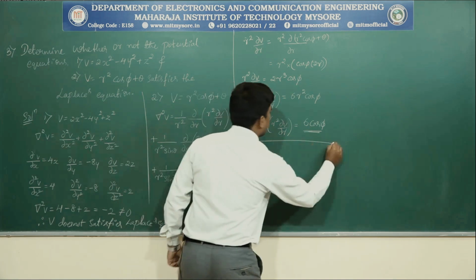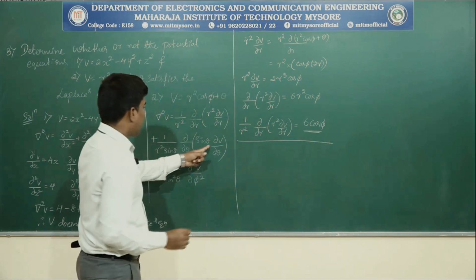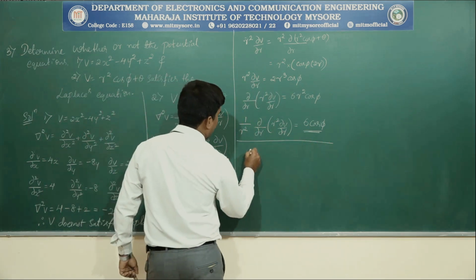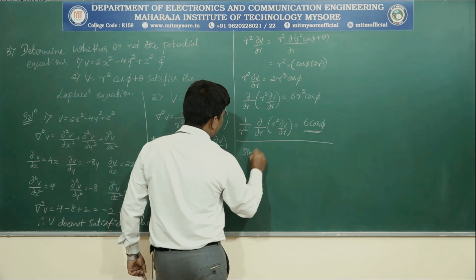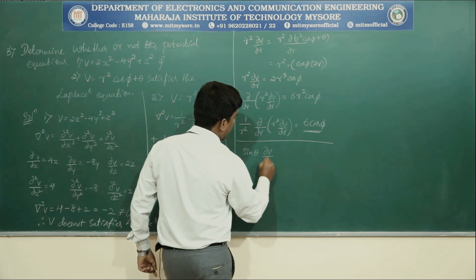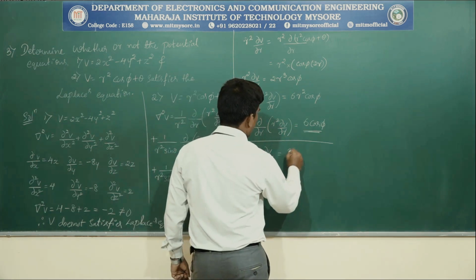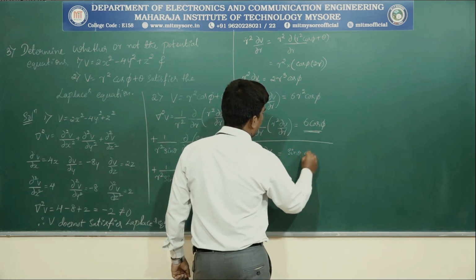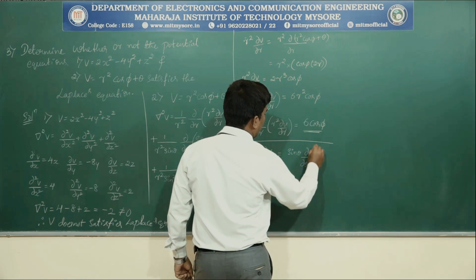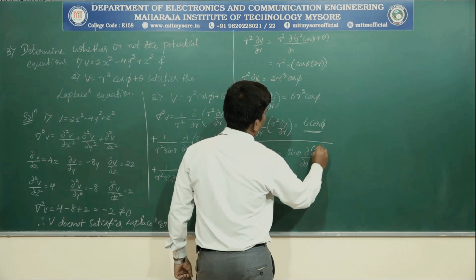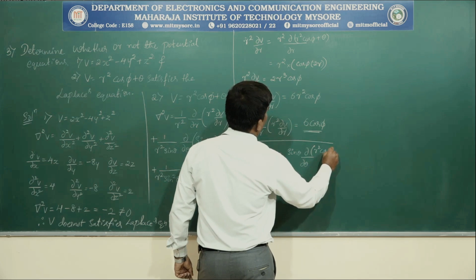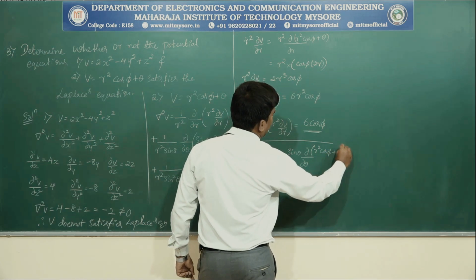Then we go for the second quantity. What is this? sin θ into ∂V/∂θ. What are we going to get? sin θ into ∂/∂θ of (r² cos φ + θ).